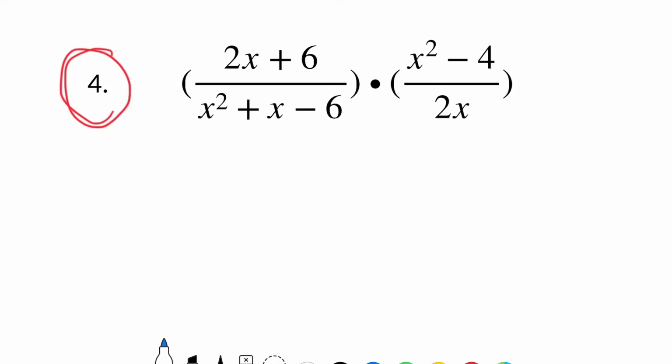So the first part is 2x plus 6. Asking ourselves, is there a GCF? Yes, it is a 2. Now 2x divided by 2 gives us x. 6 divided by our GCF gives us positive 3.